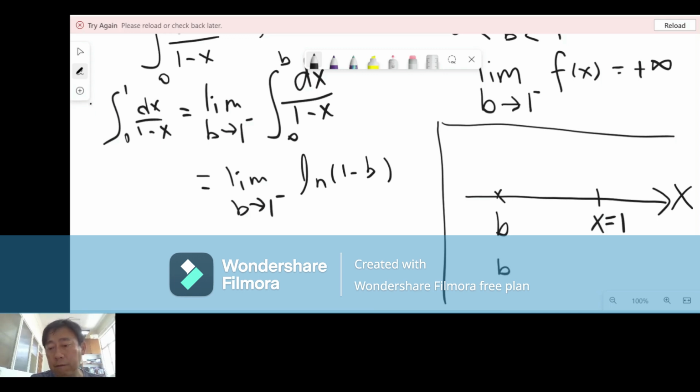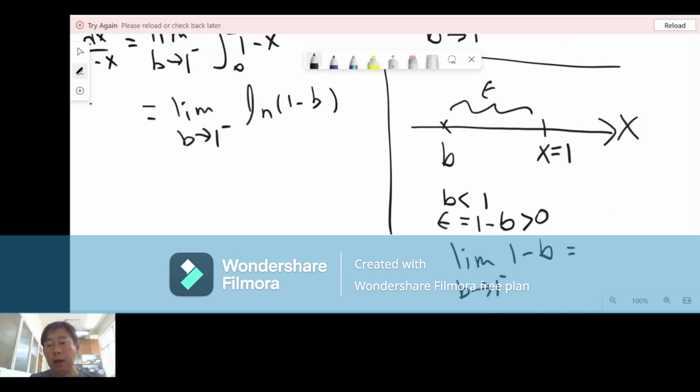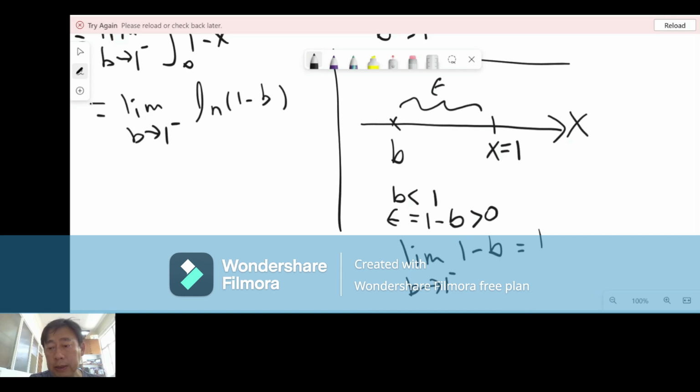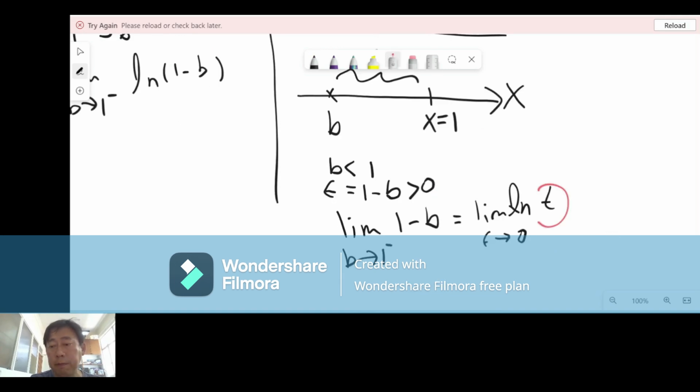Since b is always less than 1, we define an epsilon value, which is the difference between x equals 1 and the value of b, so that epsilon is always a positive number. In terms of epsilon, the same limit is written as log of epsilon, with epsilon going towards 0. The log of epsilon is negative infinity in the limit where epsilon becomes increasingly small. Therefore, this would be just minus infinity.